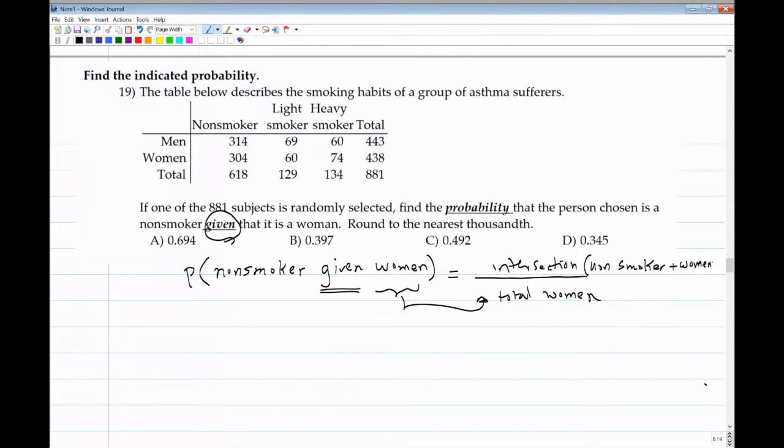Let's see if we can find those two from the table. If we look at the total women first, that will be 433. So I'll come down here and put in the denominator 433. That's the total number of women. Now we go to the non-smokers. Here's non-smoker and here's woman, and I want to look at the intersection between those two. The intersection is 308. That is the number in the numerator. When you take those two numbers and divide, the number becomes 0.694, which is right here.